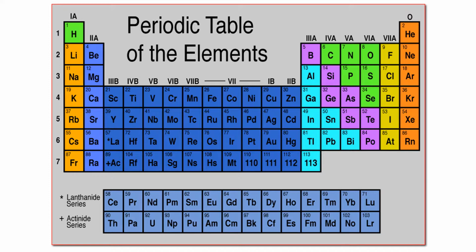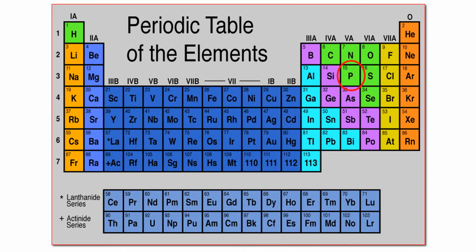And that gives the element its properties. They're arranged this way in the periodic table. Mendeleev recognized that there is a pattern based on the number of protons. There's a pattern to the reactivity, to the chemical properties that the different elements have.